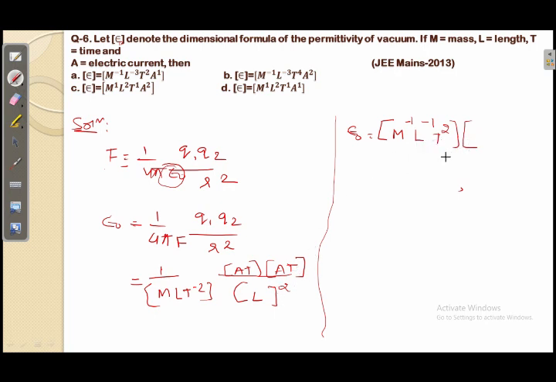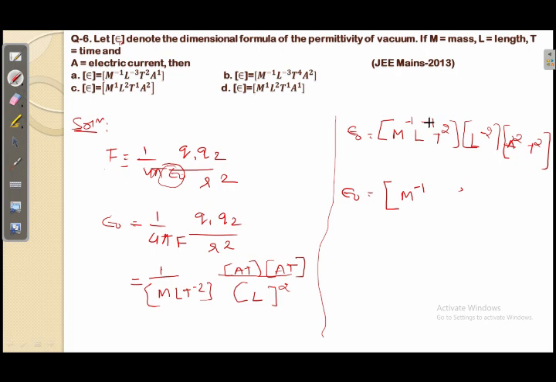Here L square is there, so that becomes L to the power minus 2, and A into A is A square, and T into T is T square. Just simplify, this is the last step. Only one M is there, so that is M raised to minus 1.